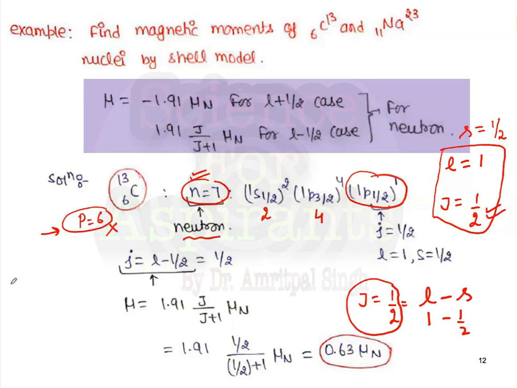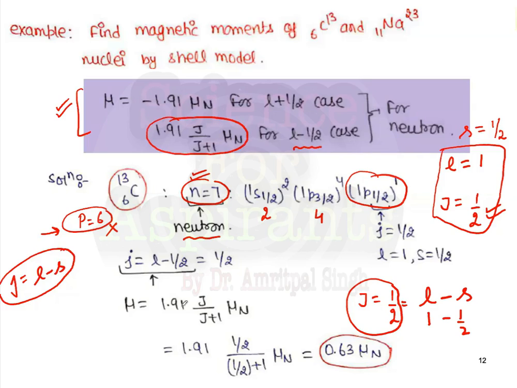So this is a case of jackknife. For the jackknife case, if the last particle is a neutron, then we have to follow these formulas of magnetic moment. For the L minus S case, the magnetic moment will be equal to 1.91 times J over J plus 1 times the nuclear magneton.